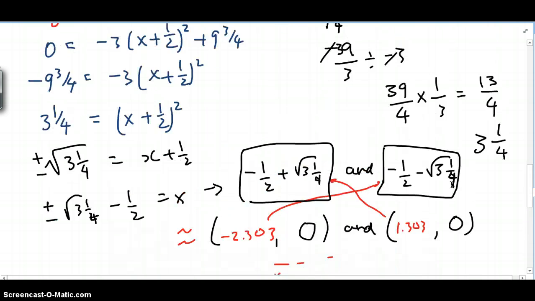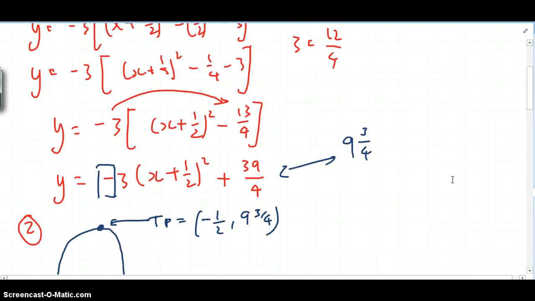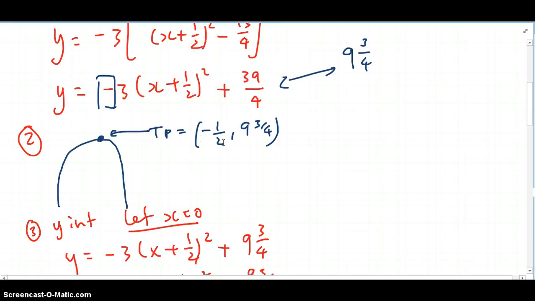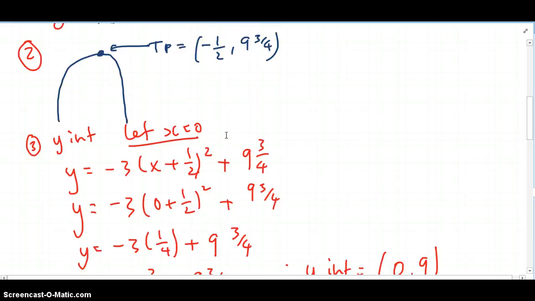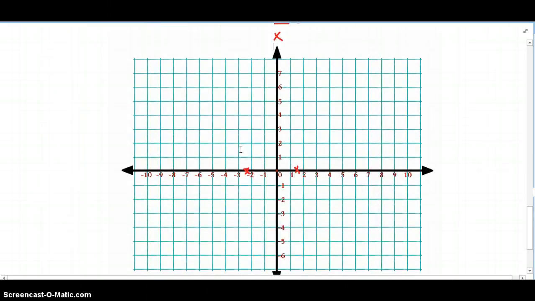I know it's off the scale. And the last one is the turning point of minus a half and 9 3/4, so it goes roughly around here. I know it's off the scale, but you get the gist of what's going on. So from here, we plot the points and join the line to make a parabola.